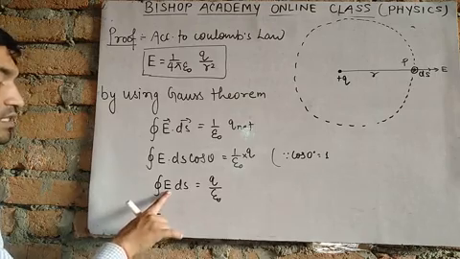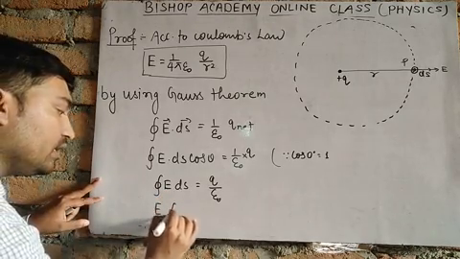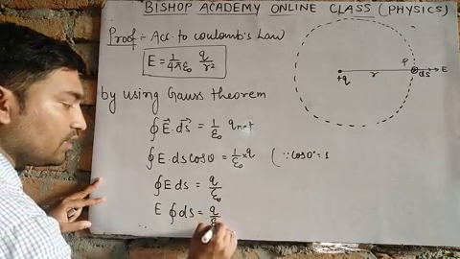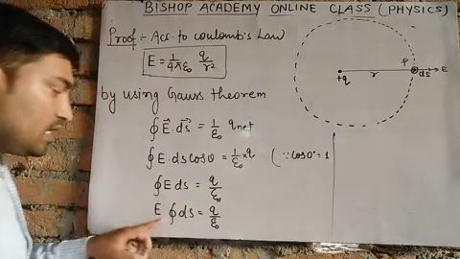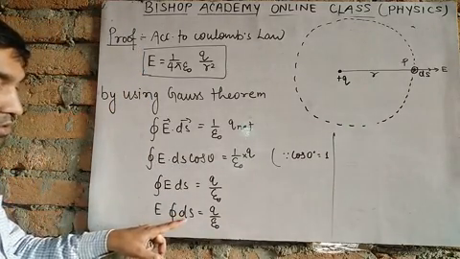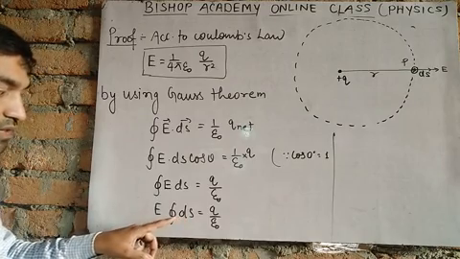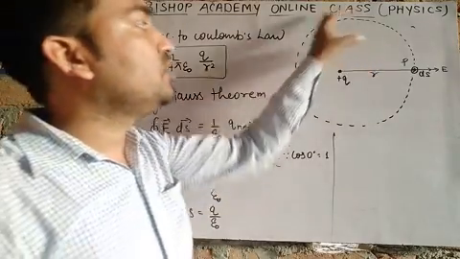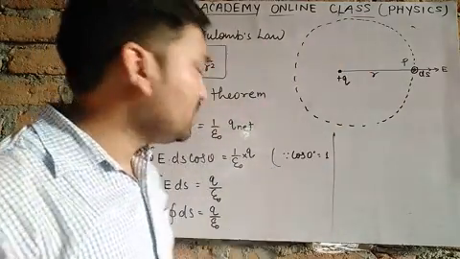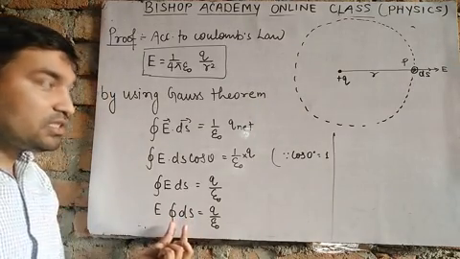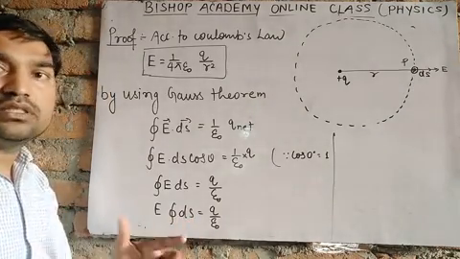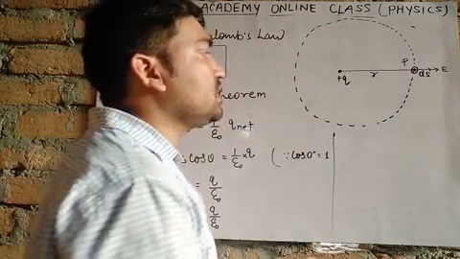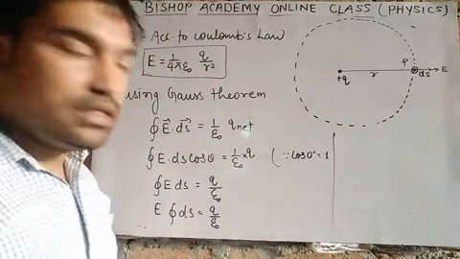E is free from the integral. The integral over the whole surface of ds is equal to Q upon epsilon naught, and this represents the whole surface area of this closed surface. This is a spherical surface, so this integral represents the whole surface and ds represents area. The whole surface area of this spherical surface is 4 pi r square.